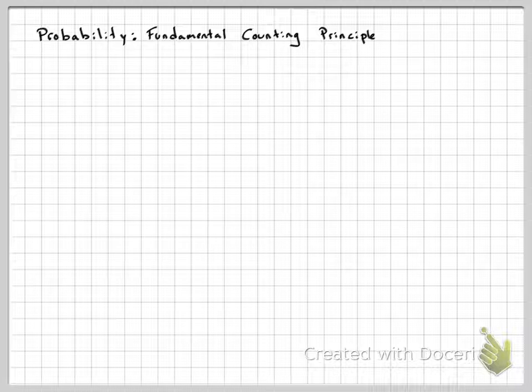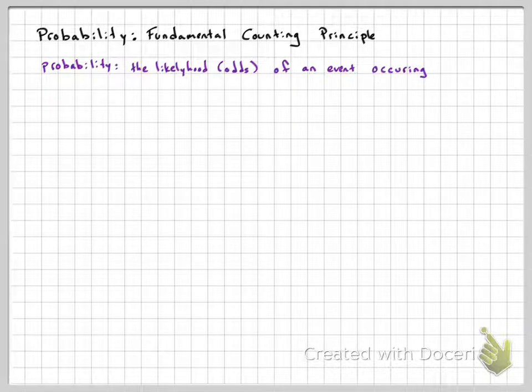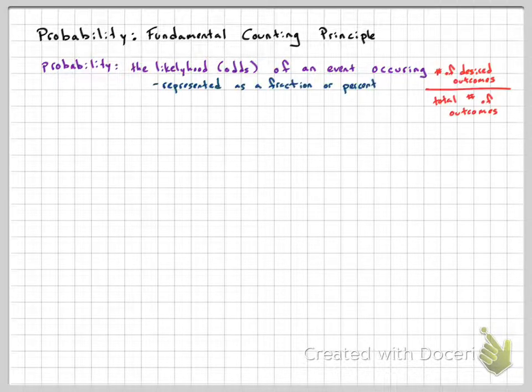So fundamental counting principle. Now before we get to that, let's briefly talk about what probability is. Probability is the likelihood or the odds of an event occurring. Now in order for that to happen, there are two different things that are needed. Probability is usually represented as a fraction or percent.